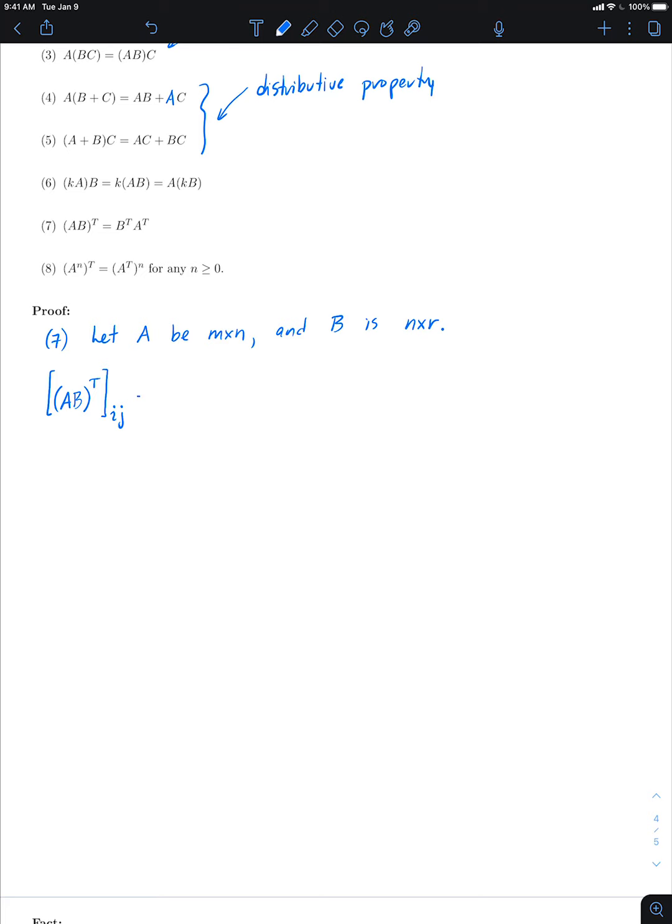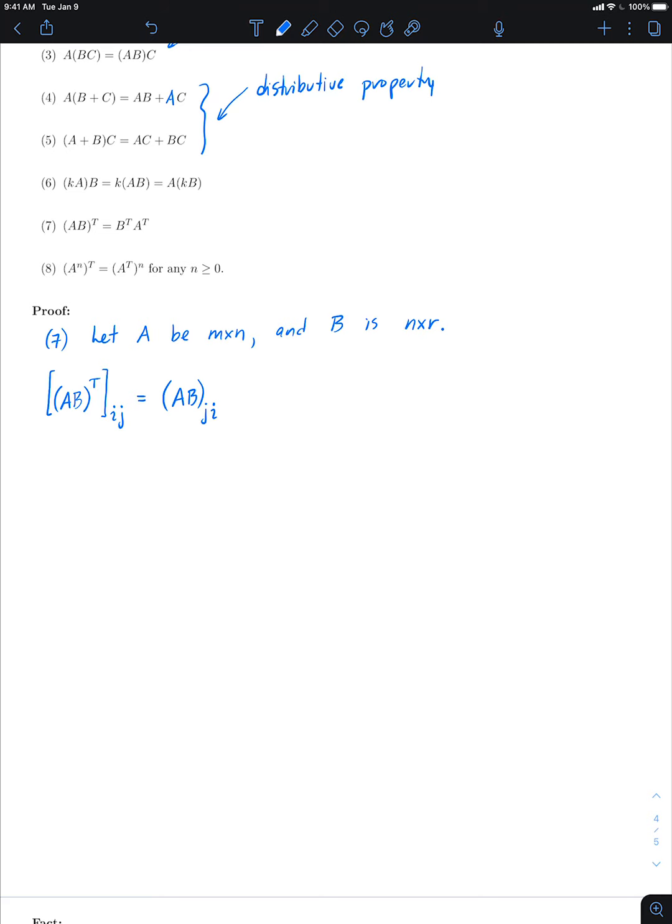So let's deal with that first. Remember how the transpose affects the indices of an entry? If you're looking at the entry that occupies row i and column j from the transpose of AB, that'll be the entry from AB that occupies the jth row and the ith column. That's the definition of matrix transpose.